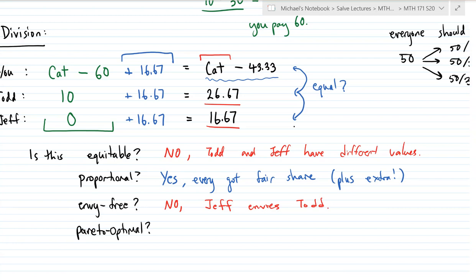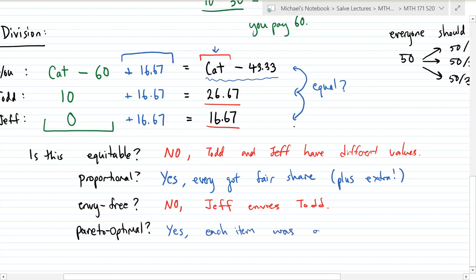Okay, so what about Pareto optimal? The answer here is actually yes, it is Pareto optimal. The thing is that each item, in this case there's only one item, the cat, goes to the person who wanted the cat the most. So each item was given to the person who valued it the most.